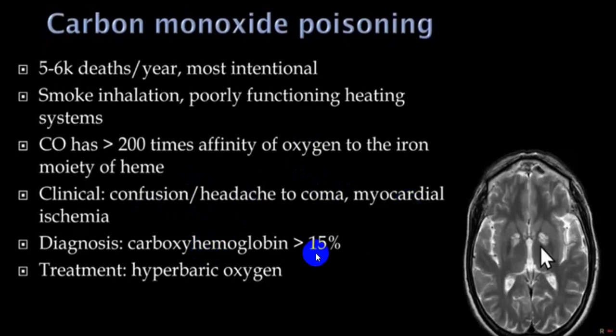Carboxyhemoglobin level will be more than 15%, and the CT scan will show a very peculiar finding. The person can even have flapping tremors, should be treated with hyperbaric oxygen, and the blood will be pinkish in color.